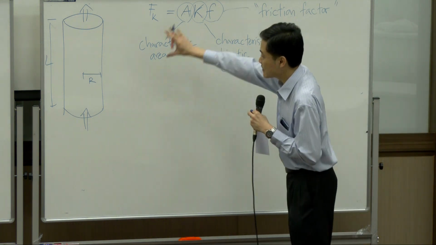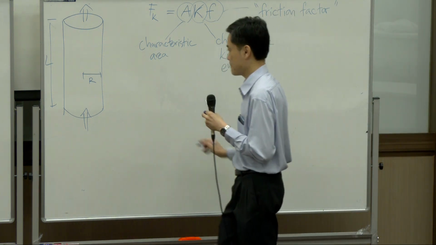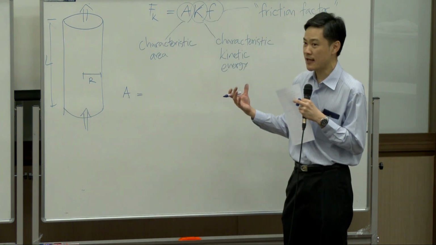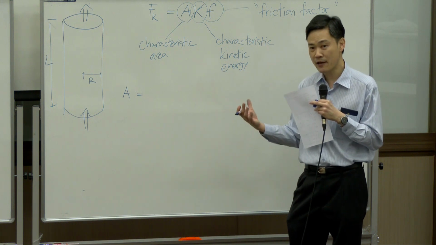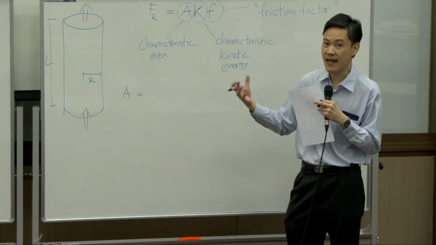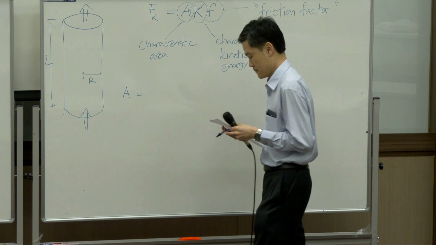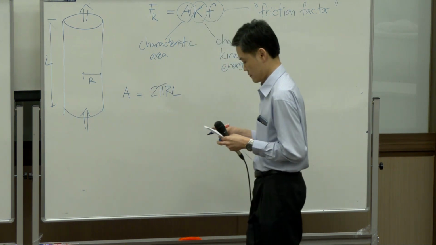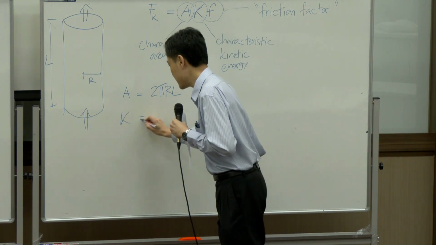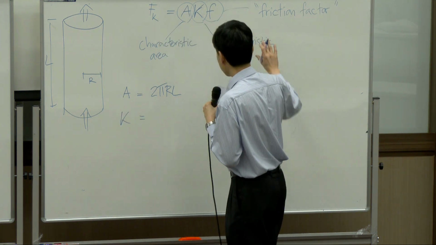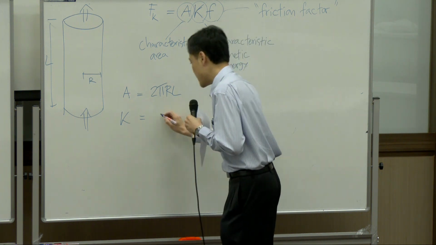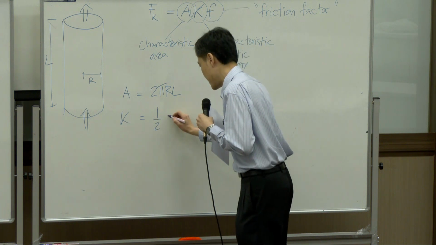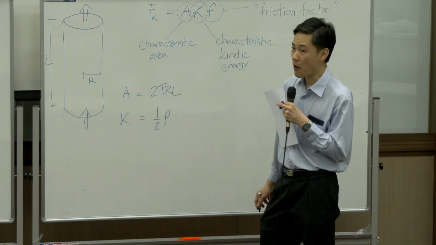So in this case of the flow in the pipe, the characteristic area is the area associated with solid and liquid. In other words, it will be the wetted area. Okay? So the wetted area in this case is 2 pi RL. Characteristic kinetic energy is basically 1 over 2, instead of mv squared, it will be kinetic energy per unit volume.